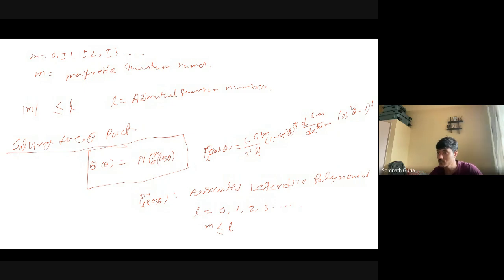So we have the angular momentum theta and phi parts, and finally combining them together we have the angular momentum operator, L square.